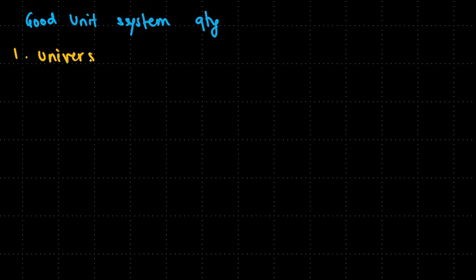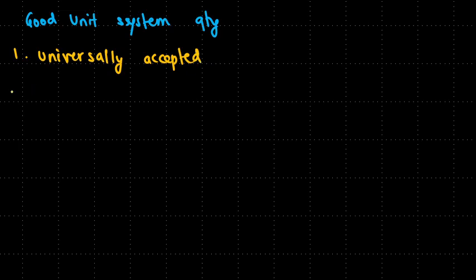So let's talk about good unit system qualities. The following are the good unit system qualities. Number one: universally accepted.